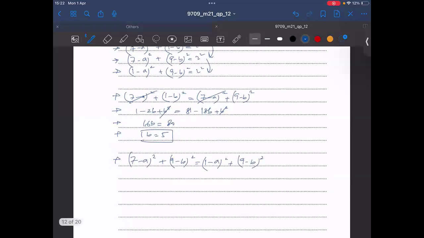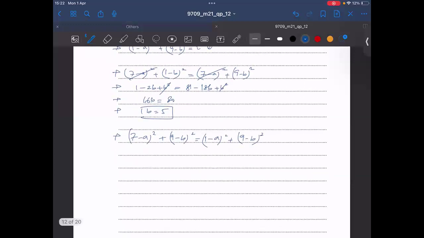So this is going to get cancelled. 49 minus 14a plus a square equals 1 minus 2a plus a square. A square is going to get cancelled, and it's going to be 12a equals 48. A is going to be equal to 4.